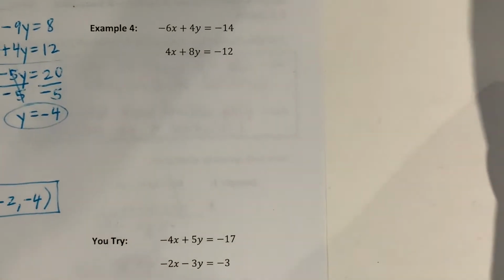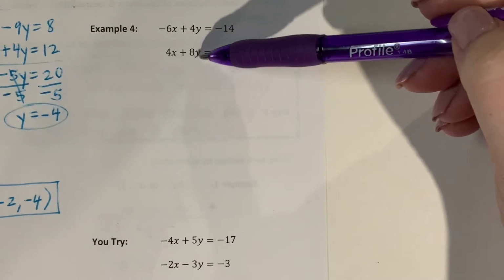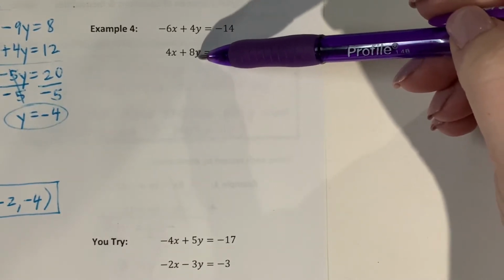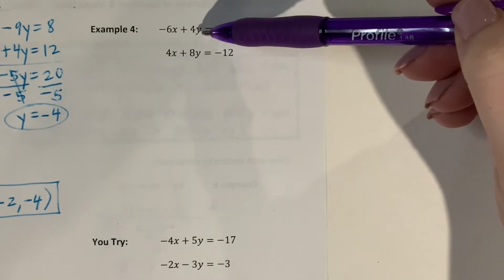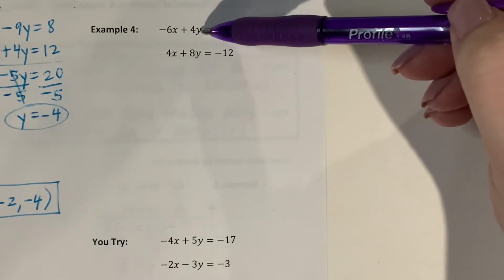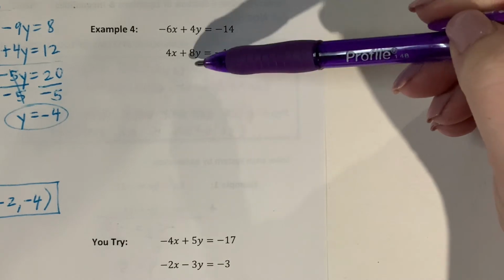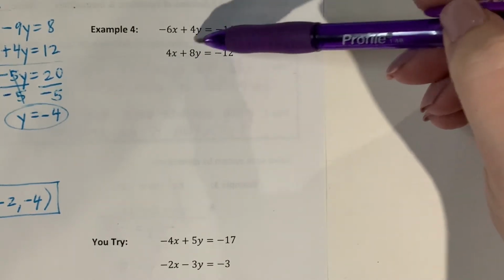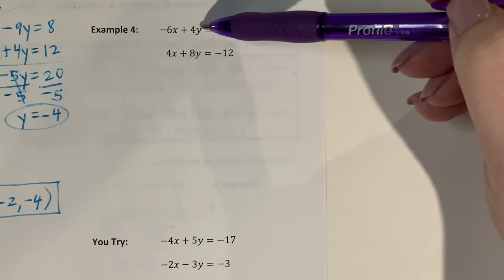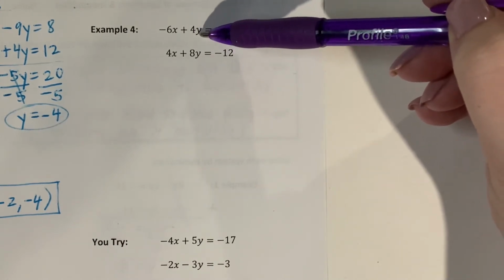So that's a good sign. But if I want my y's to drop out of the problem, and this is a positive 8y, I would need to make this equation have a negative 8y, so that negative 8y and positive 8y cancel or get eliminated. So what would I need to multiply this 4y by so that I can get a negative 8y? I would have to multiply it by a -2. So out front, I'm putting a -2.